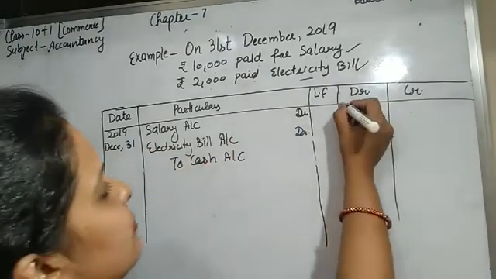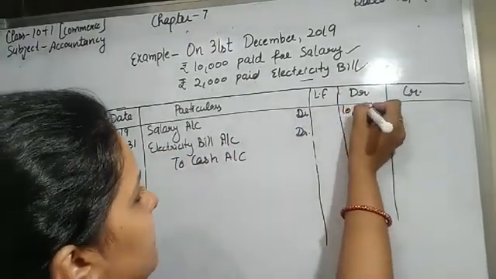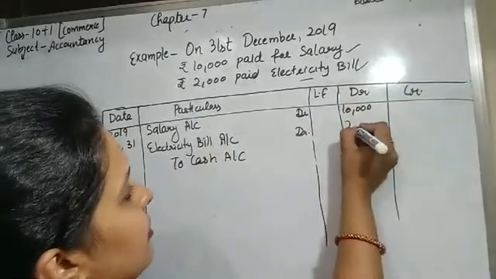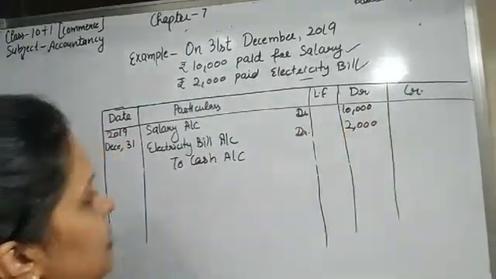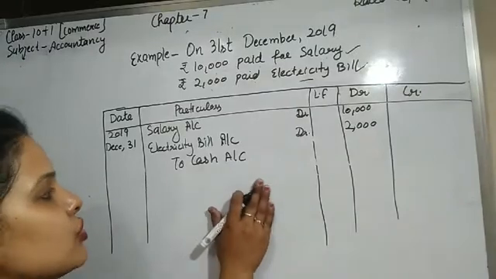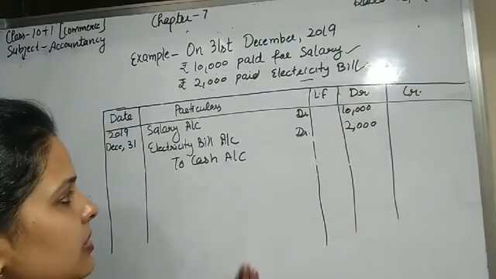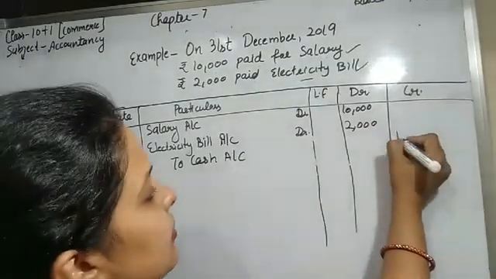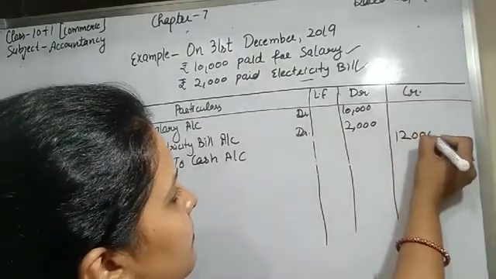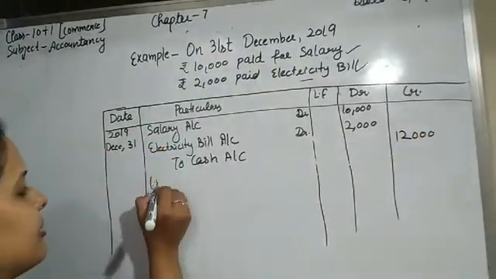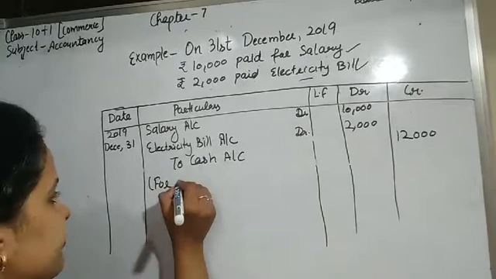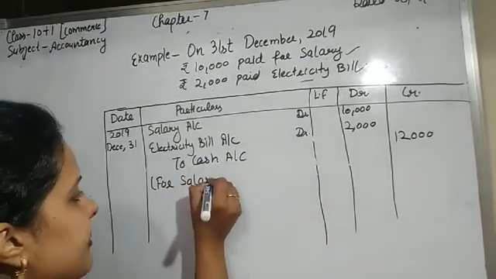So students, salary paid is rupees 10,000, electricity bill paid is rupees 2,000, and the total amount which goes out from the business in cash is 12,000. Okay students, and the narration is for salary and electricity bill paid.